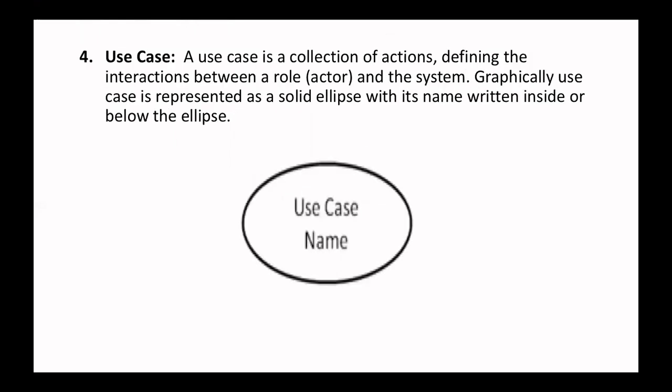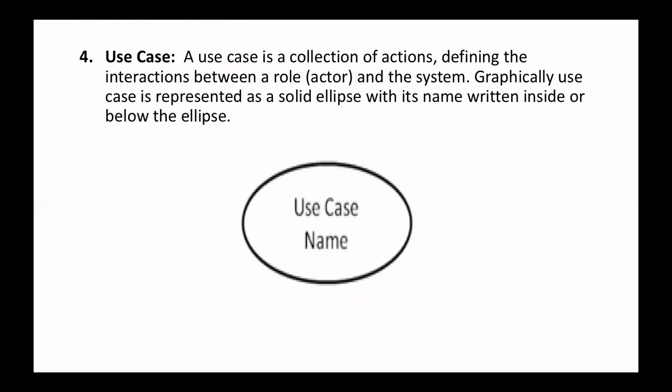Next, moving to the next structural thing, use case. A use case is a description of a set of sequences of actions that a system performs and that yields an observable result of value to a particular actor.